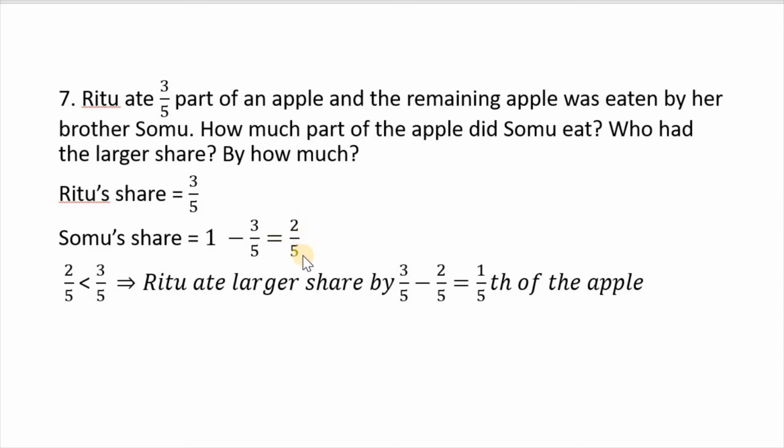And the difference is going to be 2 by 5. Therefore, Somu's share is less than Ritu's share. By how much is it less, you have to find the difference between 3 by 5 and 2 by 5, which is equal to 1 by 5. So Ritu ate a larger share by 1/5 of the apple.